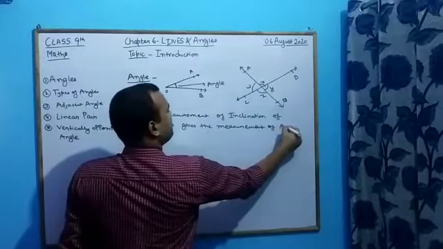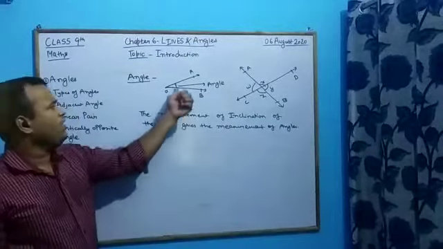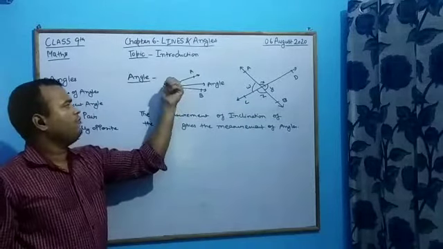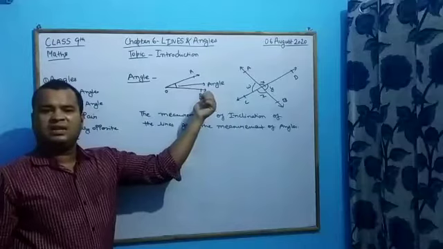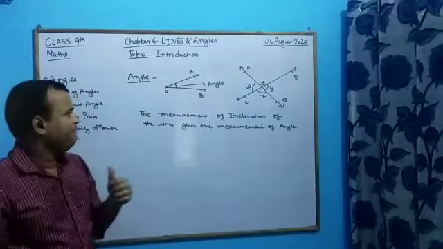What does it mean? It means that when we find the inclination of this ray over another ray, we will get the measurement of the angle between them.